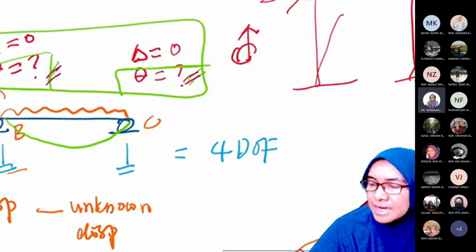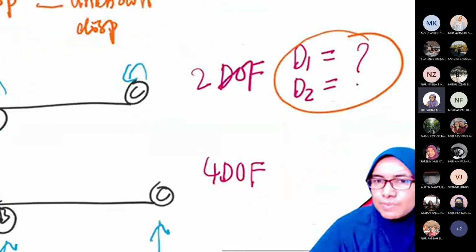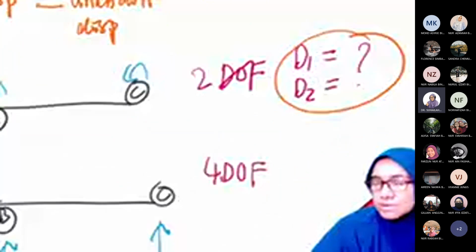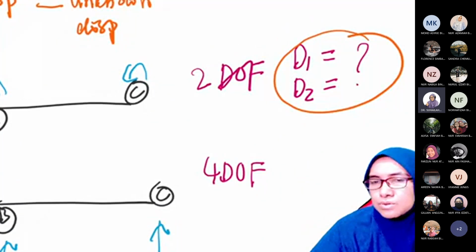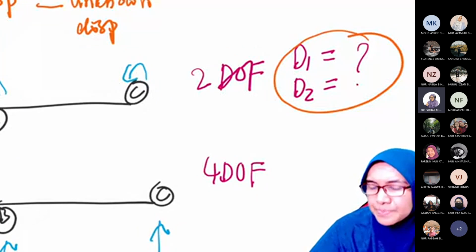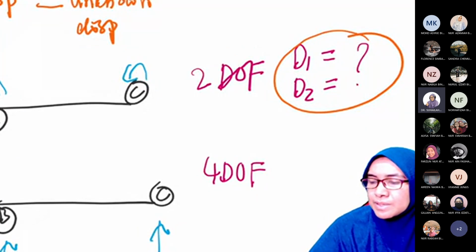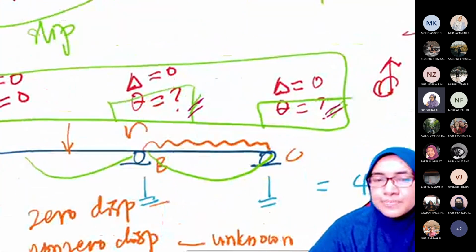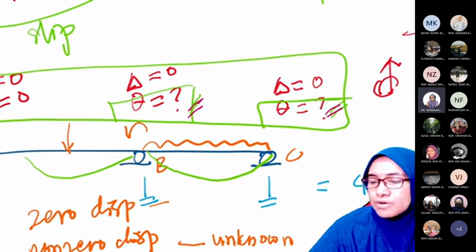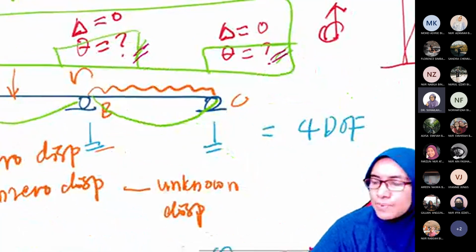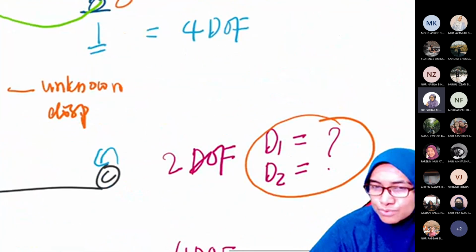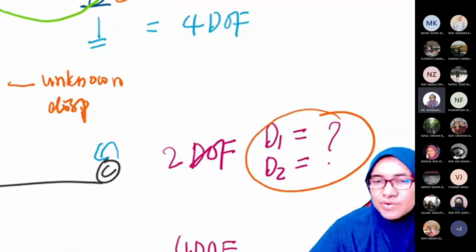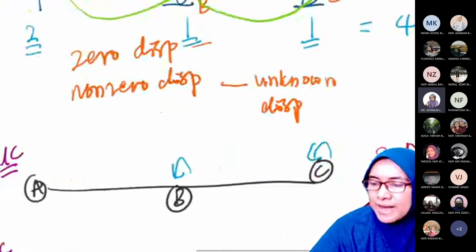Is it the same as over here? 2 unknown displacements. Same. So 2 unknown displacements here. For the slope, the rotation at B and the rotation at C actually represent D1 and D2 in the unconstrained system.